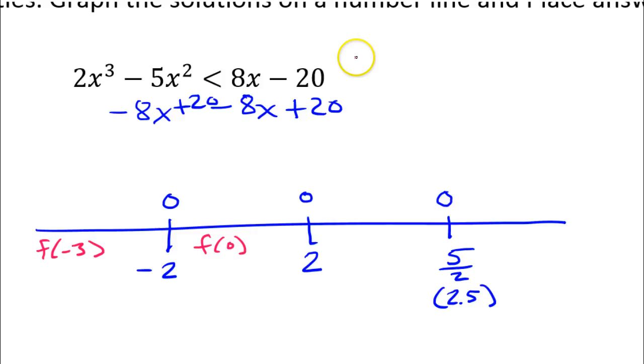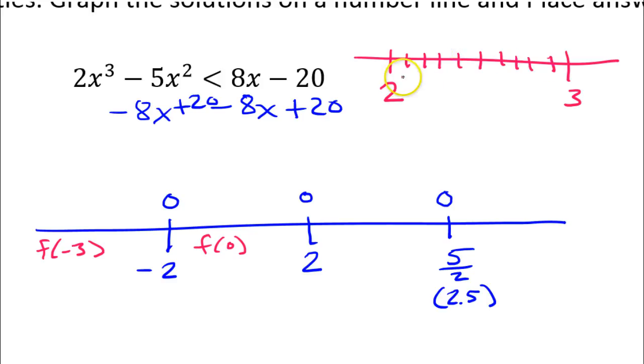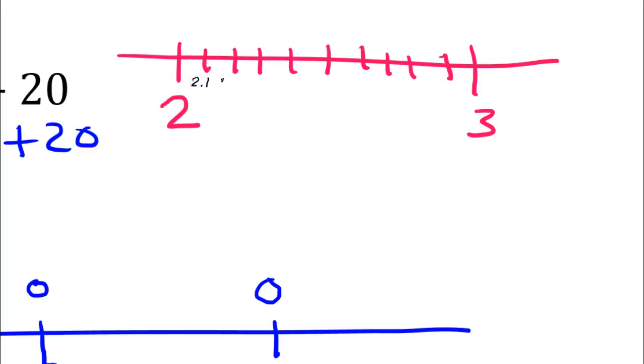So just understand that, between 2 and 3 on a number line, what we have is 2.1, 2.2, 2.3, 2.4, 2.5, 2.6, 2.7, 2.8, 2.9, and then 3.